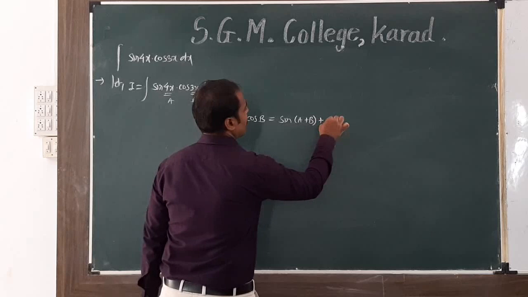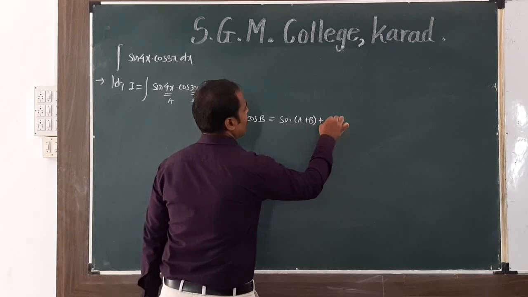Now I can write sin 4x into cos 3x as 1 upon 2 into, in the first bracket there is angle addition, a plus b, that is 4x plus 3x, which is equal to sin 7x, plus sin. In the second bracket there is angle subtraction, a minus b, 4x minus 3x, which is x.